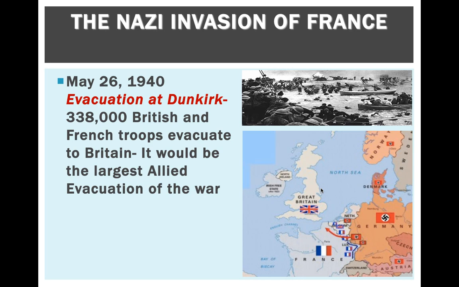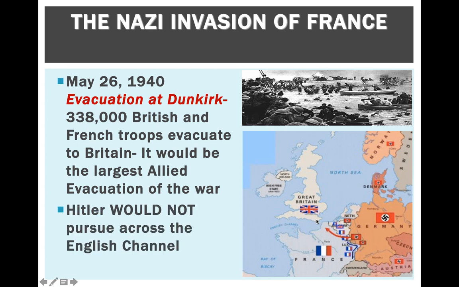There was a movie not too long ago called Dunkirk, which was based upon this invasion, or evacuation, I should say. Because if you take a look at this map here, as soon as Hitler pushes through the mountain range here, he's going to push British and French soldiers, like I had said, to the English Channel.